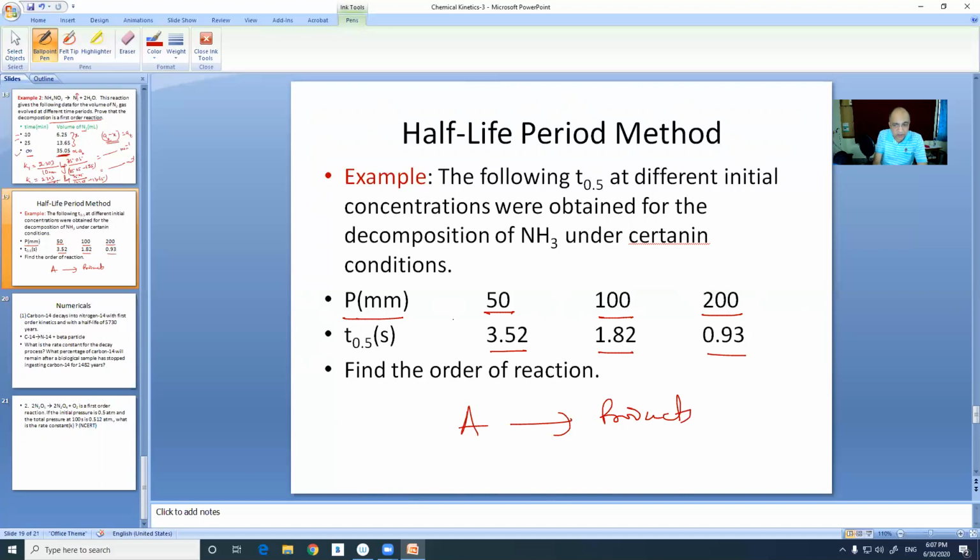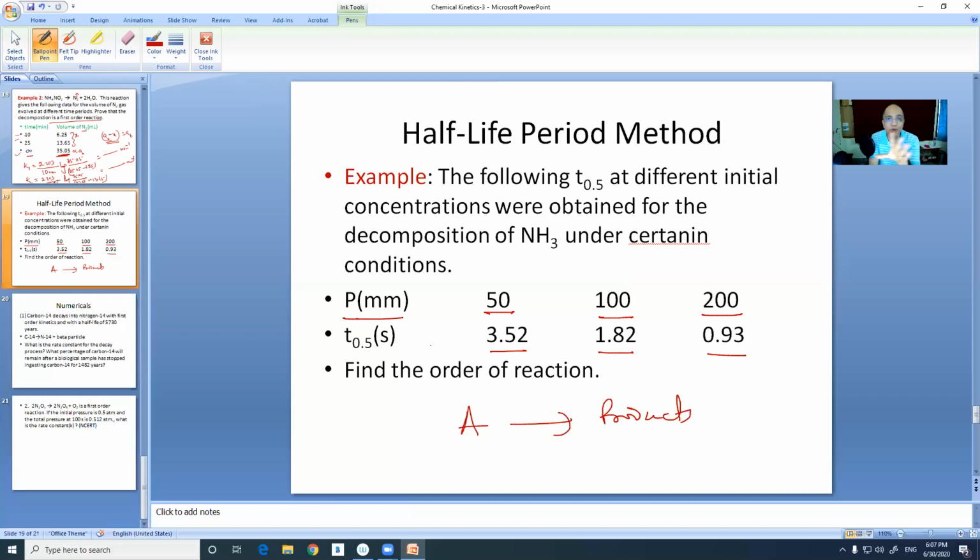So if you go in a reverse manner, when the concentration is decreasing, then the half-life period is increasing. So this cannot be first order. It cannot be zero order. In zero order, it decreases, it becomes half. Every half-life period is the half of the previous half-life period. So only in case of second, third, and of course there is no order higher than 3.